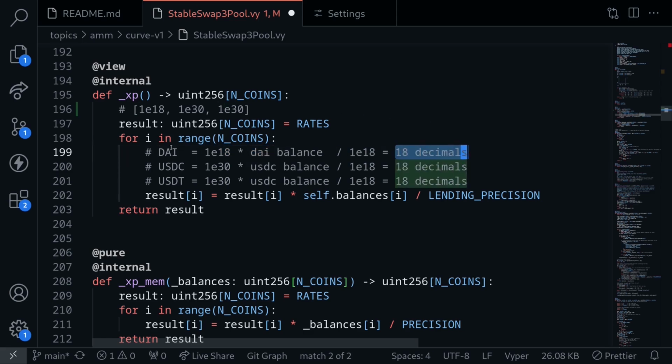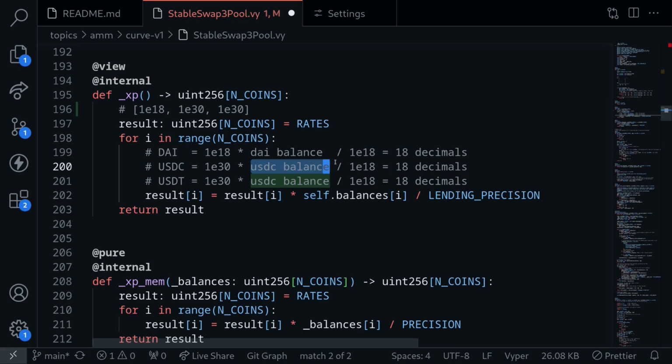Okay, how about the second iteration? The second coin is USDC, and result of i is initialized as 1E30. Self.balances of i will be the balance of USDC. Again, USDC has 6 decimals, and again, lending precision is 18 decimals. So for the second iteration, it will be 1E30, which comes from here, multiplied by USDC balance.